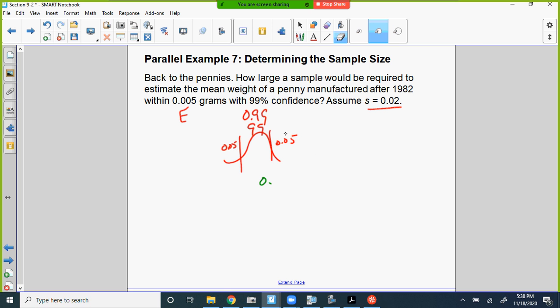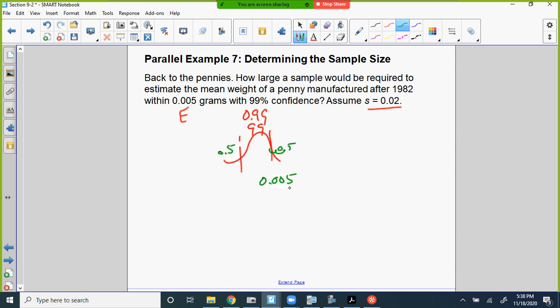That's why I caught my mistake. 0.5%, right? That's on the tail, which would be 0.005, right? So we need the Z-score of the area of 0.005.